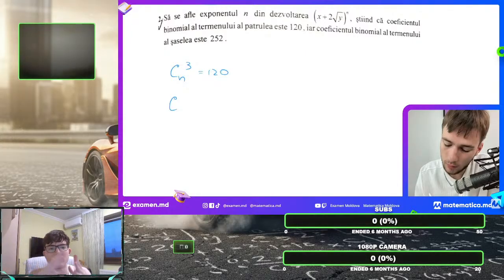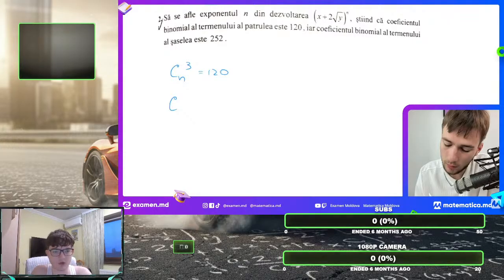So based on the formula, if you take a look at the formula, it's 120 that thing, of course, but the formula says that the C is n and k. So the n is n, but k is the fourth term, so the term formula is k plus 1, so you have to do minus what is the term, so 4 minus 1, 3.